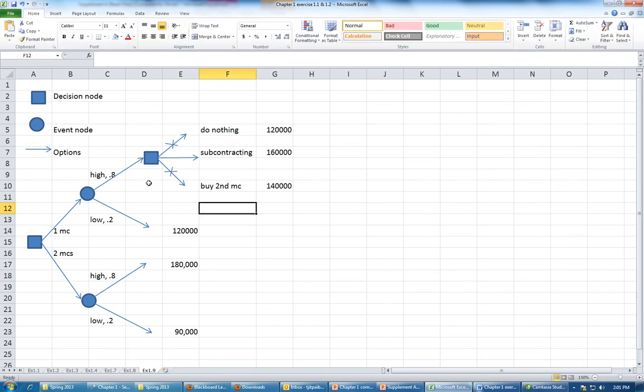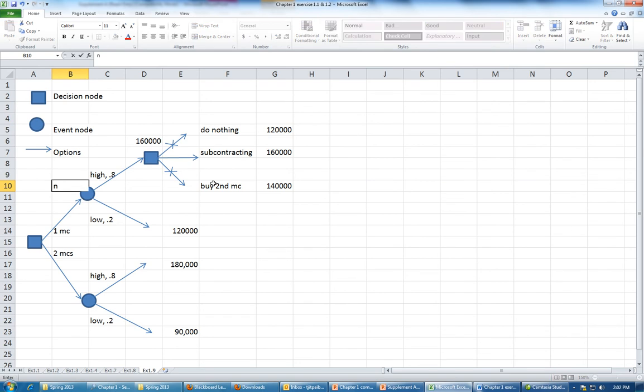Okay, so in this case, the outcome from this decision node will be 160,000 over here. And then you can see you have two event nodes.